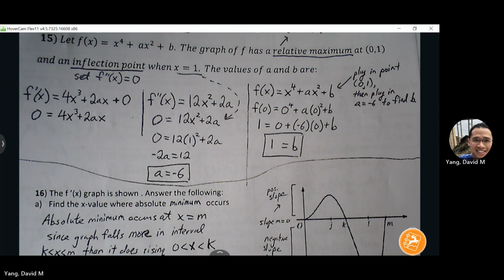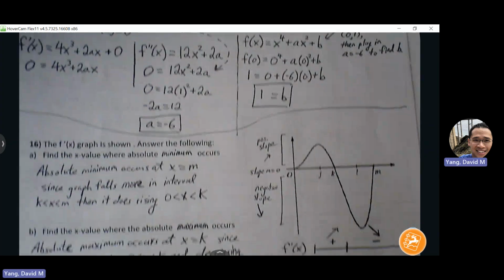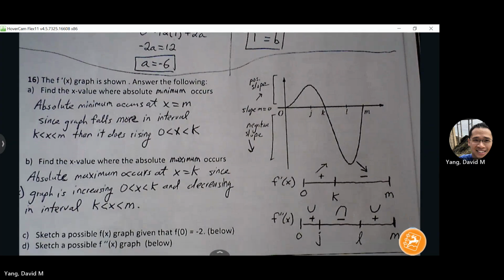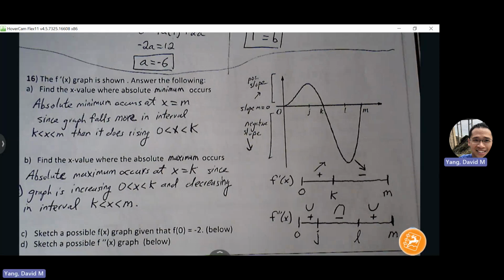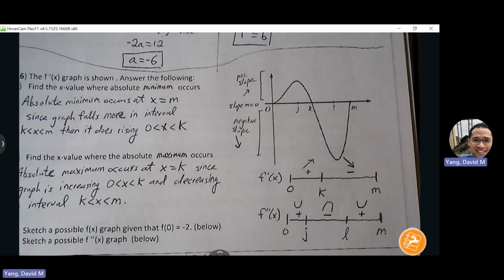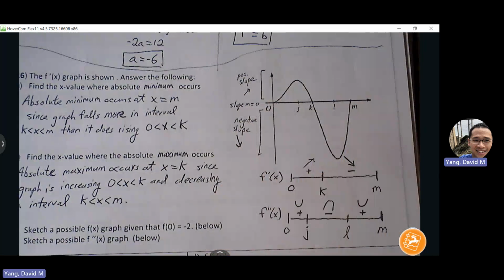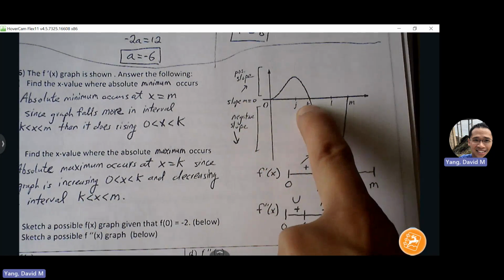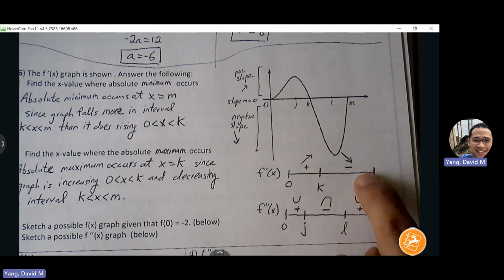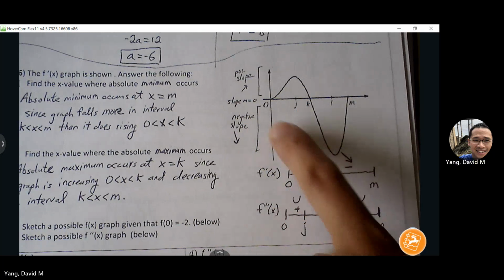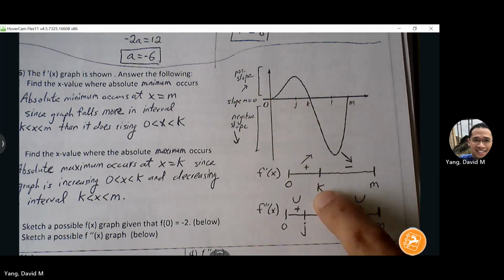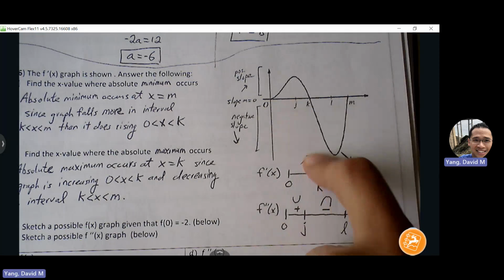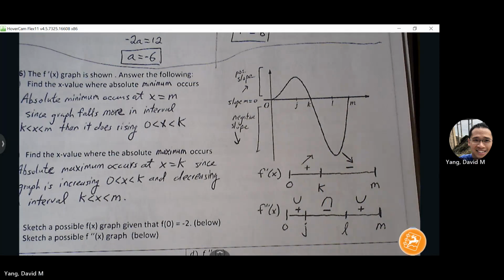Okay. 16, f prime is shown. Find the x value where the absolute minimum occurs. So if we sketch out what this graph looks like on a slope sign line, we know that above means positive slope, below means negative slope. So this graph is rising until k, and then it's falling the rest of the way out.